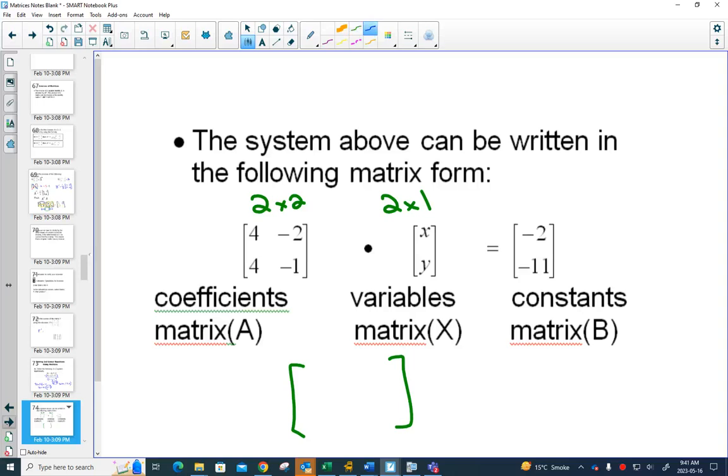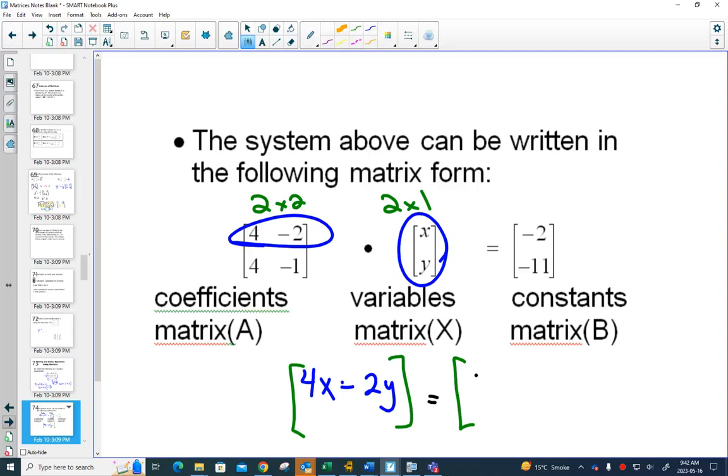If I want to figure out this one in blue, this is row 1 times column 1. I would have the 4 times the x, and then the -2 times the y, and add them together, and I would get 4x minus 2y. It's still equal to this matrix here, which had -2 and -11.